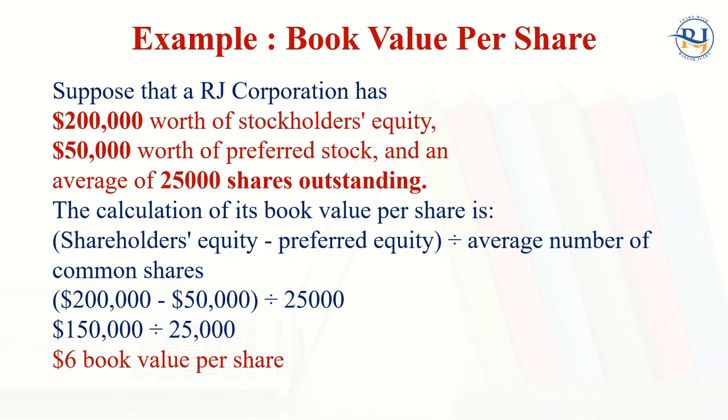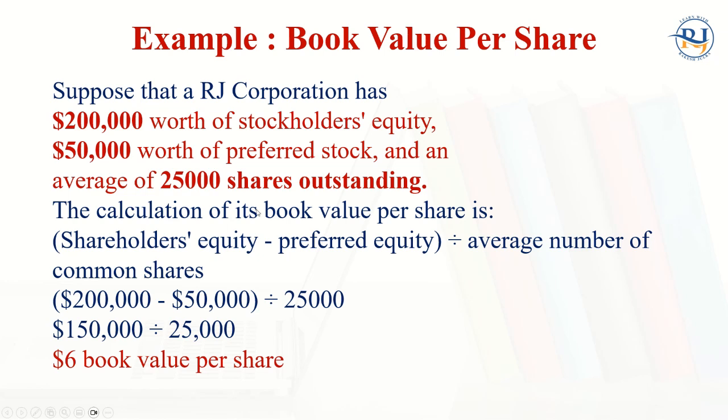For example, suppose that RJ Corporation has $200,000 worth of stockholders equity and $50,000 worth of preferred stock and an average of 25,000 shares outstanding. So it means that 25,000 shares outstanding are there. It means the people are holding these many shares in the market.